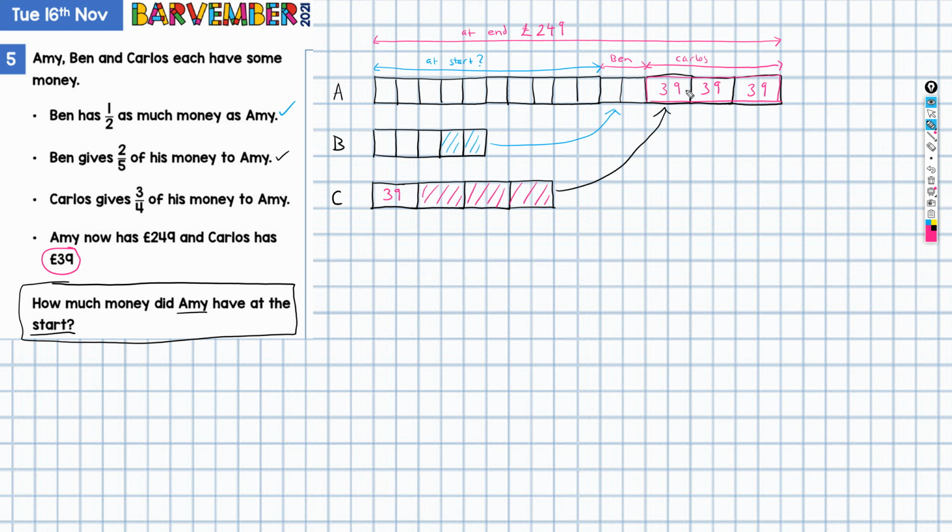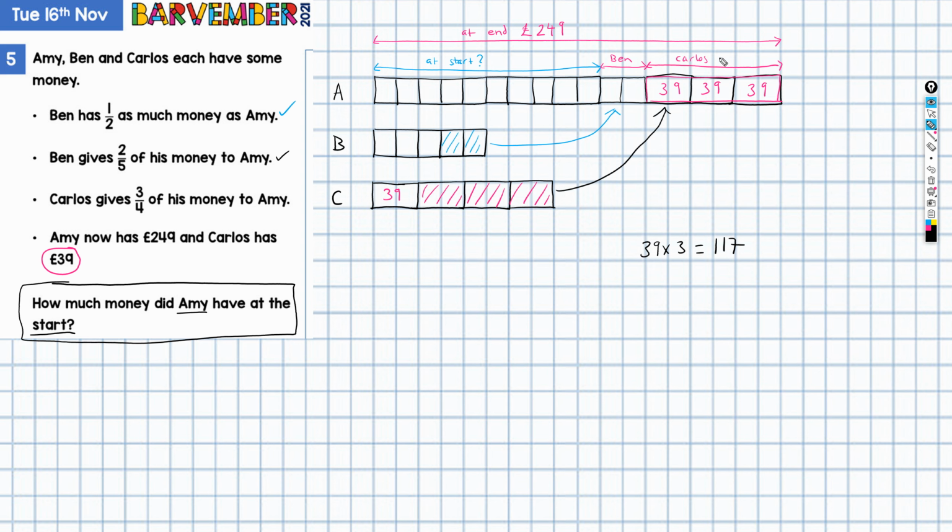Now, hopefully you can see that if we work out 39 times 3, okay, that is 117. So 39 times 3 is 117.